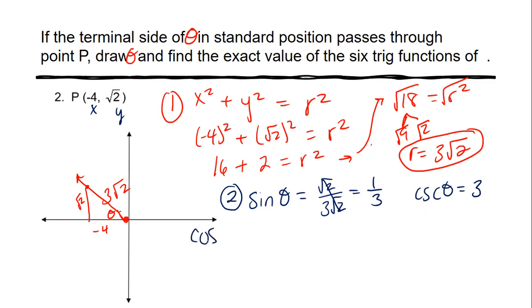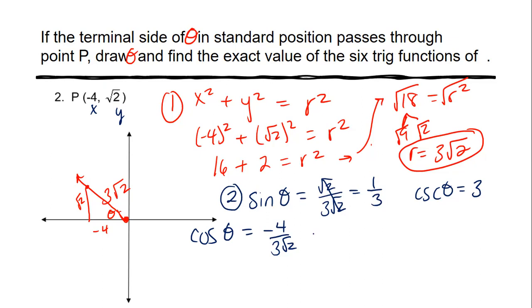Now we're going to do cosine theta. Cosine theta is my adjacent over my hypotenuse, or x over r. Agreed? So we have -4 over 3 square root of 2. Oh no, we have a problem. The problem is we have a radical in the denominator. We cannot have a radical in the denominator. It is not rationalized. So we have to rationalize by getting the radical out of the denominator.